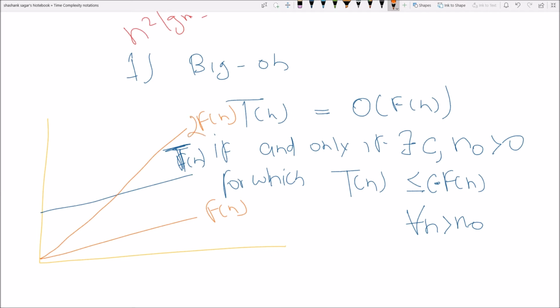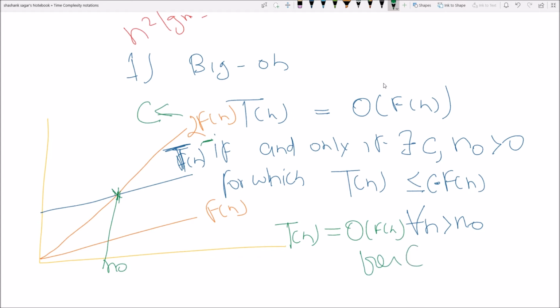As you can see here, this particular point is n naught, and this is c. So I can say that T of n is O of f of n for c equal to 2 and n greater than or equal to this n naught. Suppose this is 5. So n greater than or equal to 5.